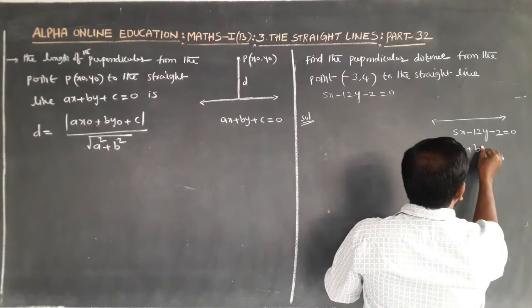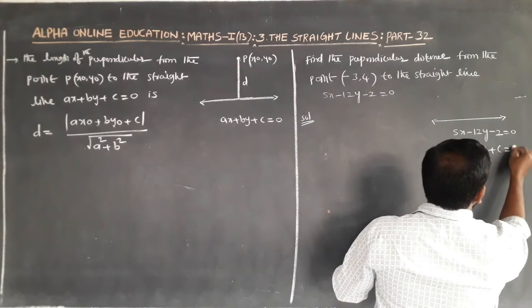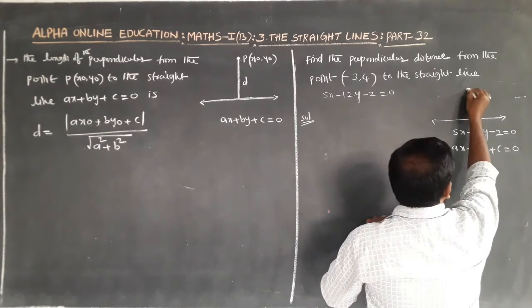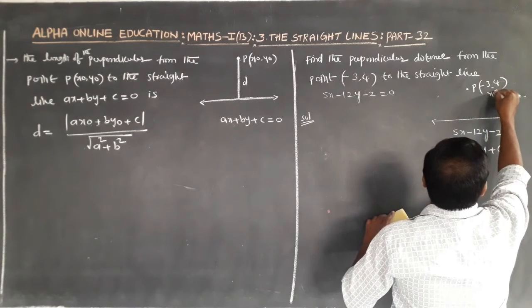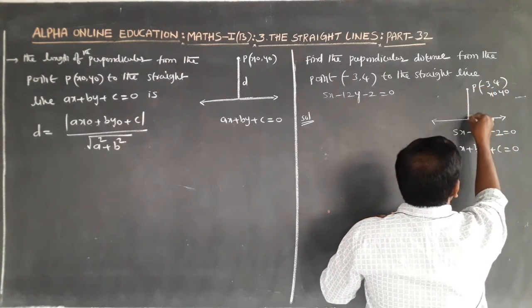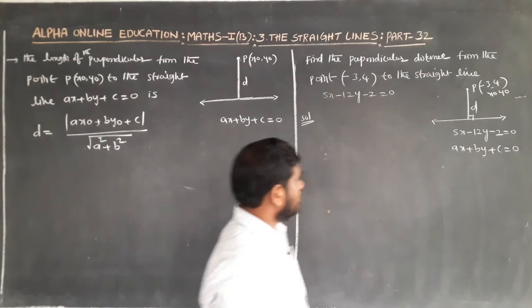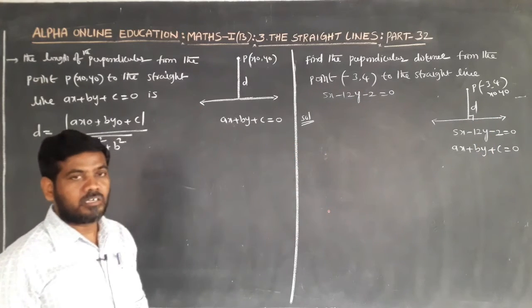This is the form of ax plus by plus c is equal to 0. This is the point (minus 3, 4), this is the point x naught, y naught. This is the perpendicular distance.